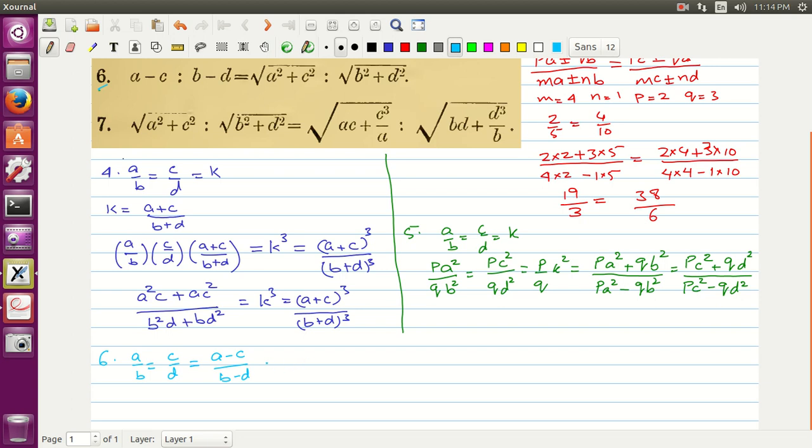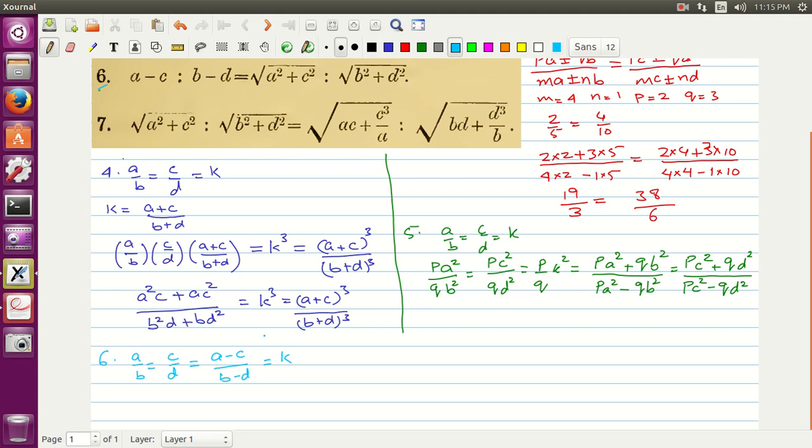Now we also know that this should be equal to A square, let us say that each of these expressions is equal to some constant k.